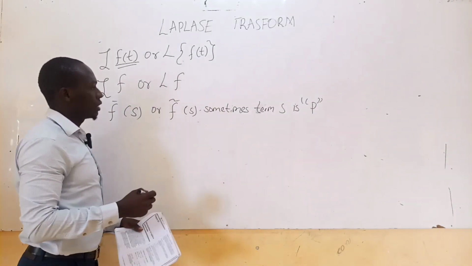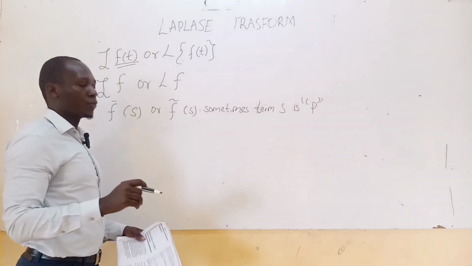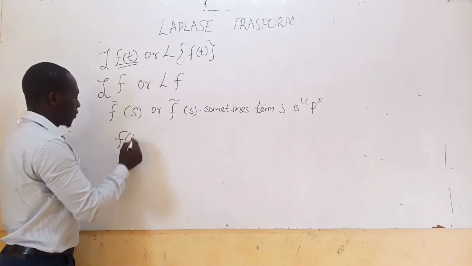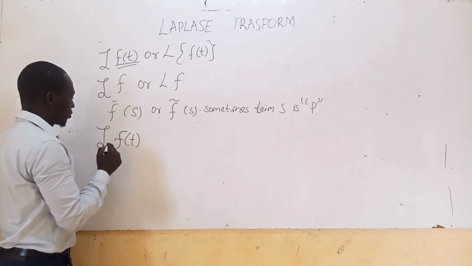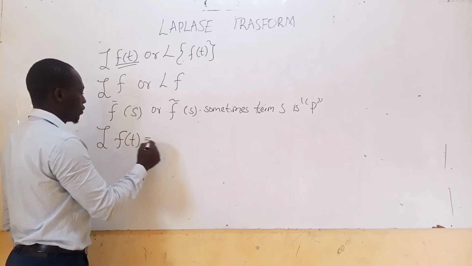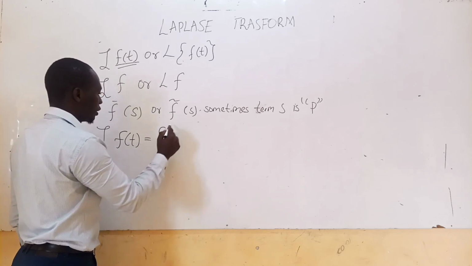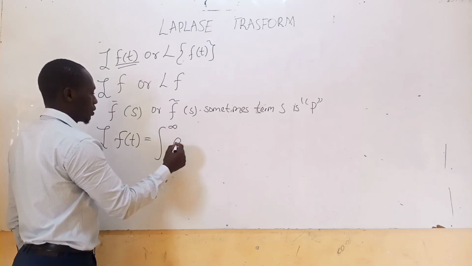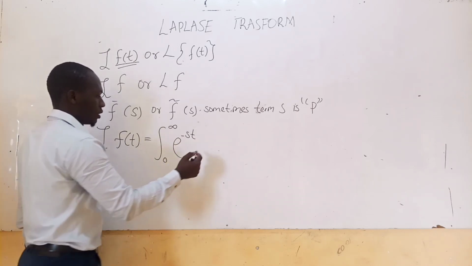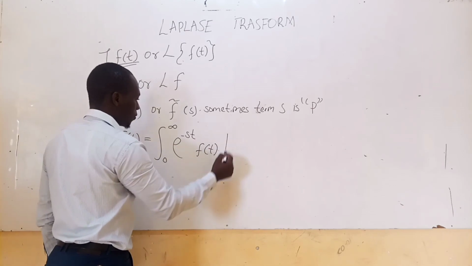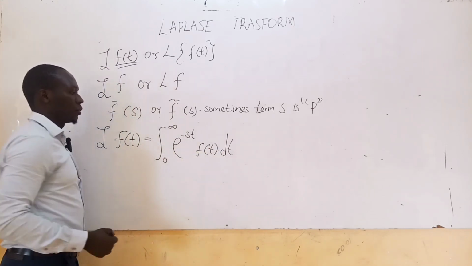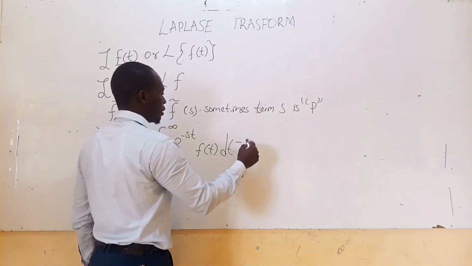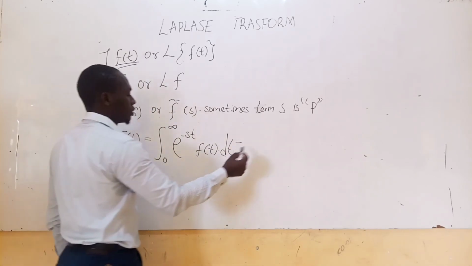So that means that when it comes to the first principle formula using the Laplace transform, the Laplace transform of a function f of t is equal to an integral with respect to our limits of exponential negative st times a function f of t, with our integration with respect to dt.